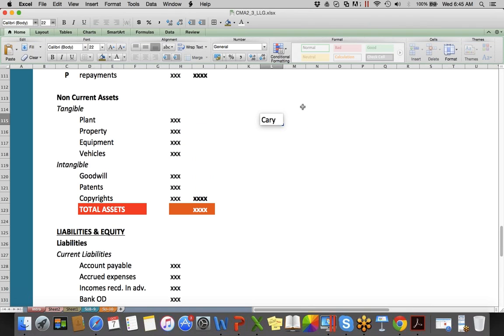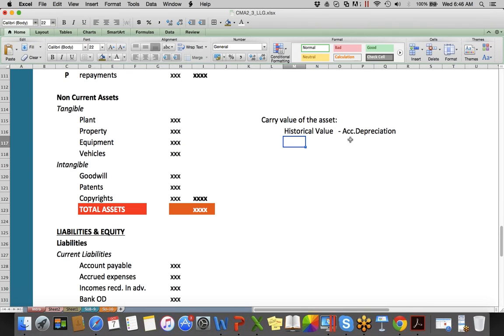So the carrying value of an asset equals historical value, means the price at which we bought it, minus accumulated depreciation. Accumulated means the amount of depreciation of each year.